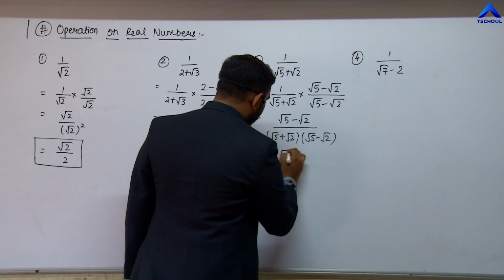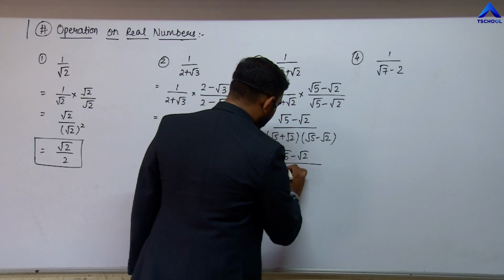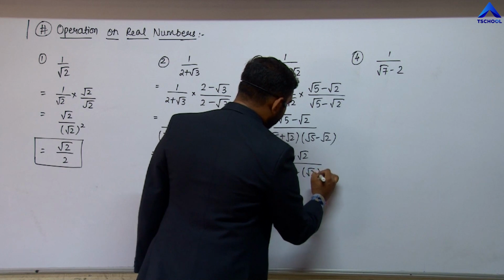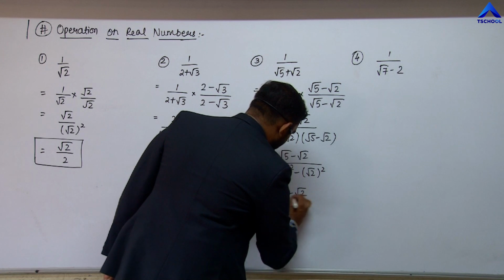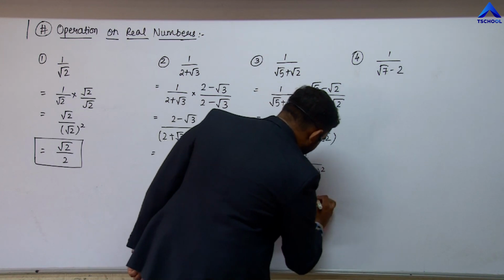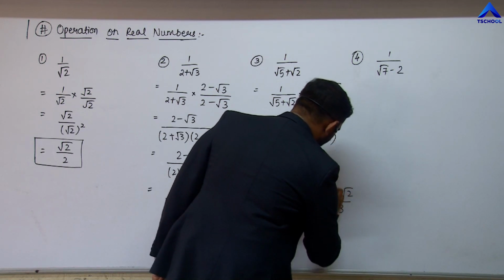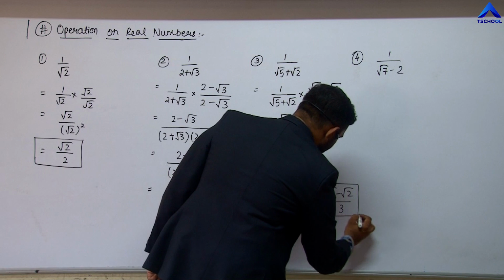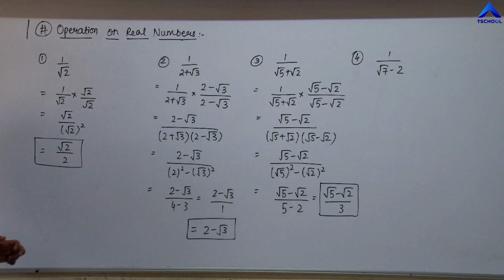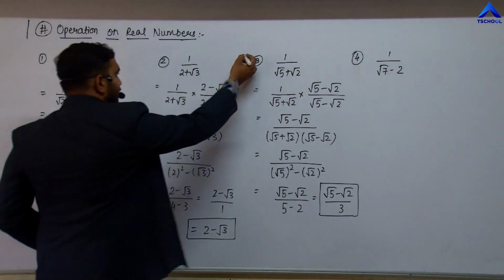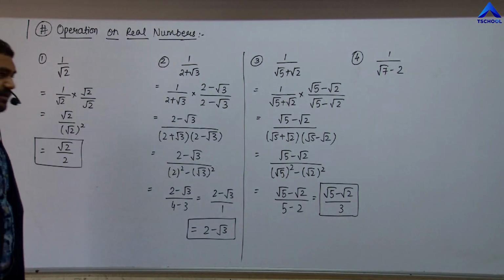So that is equal to root 5 minus root 2 upon root 5 square minus root 2 square, that is square root of 5 minus square root of 2 upon 5 minus 2. That gives us square root of 5 minus square root of 2 upon 3, and that is actually the answer of this question, right? That is square root of 5 minus square root of 2 upon 3. So that is the answer of this given question.